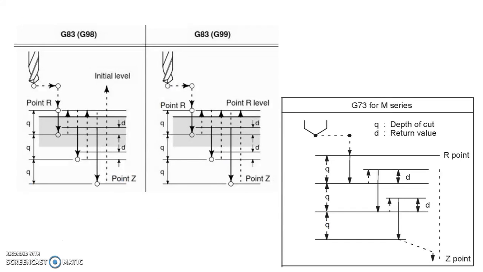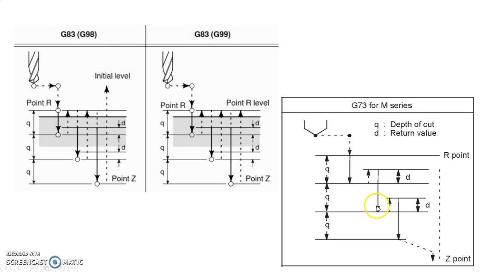Okay, now with the knowledge of this, we can see the terminology. Here you can see the peck movement: Q, Q and Q, and this is the D. Q is the depth of cut per movement and D is the retract value. After that it will go again.